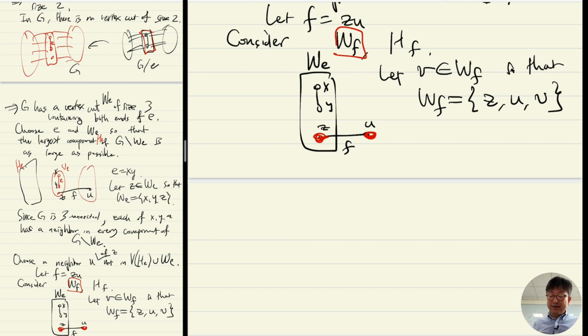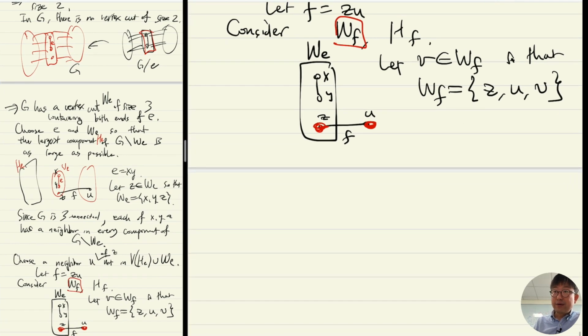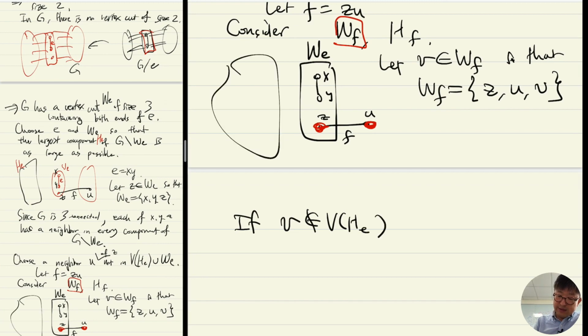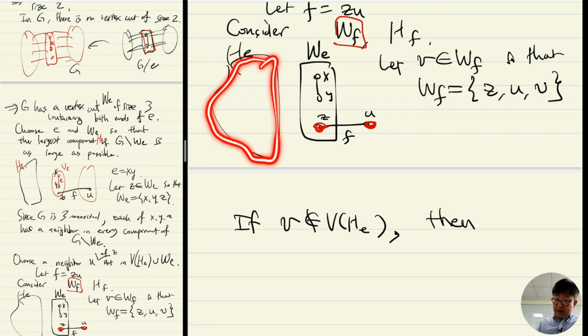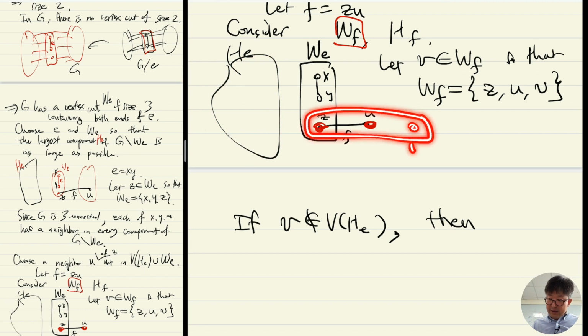But what I can say is the following. Here's HE. If V is not on the left-hand side, then HE is connected, and we are deleting these 3 vertices.